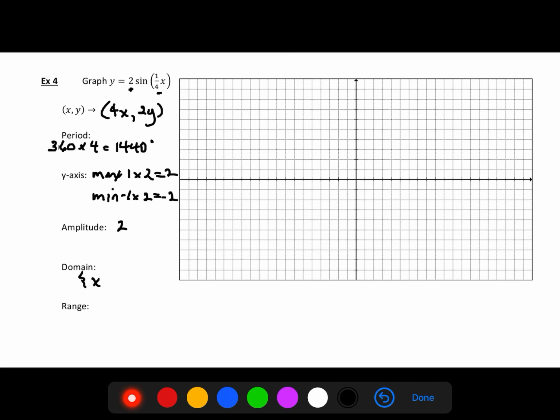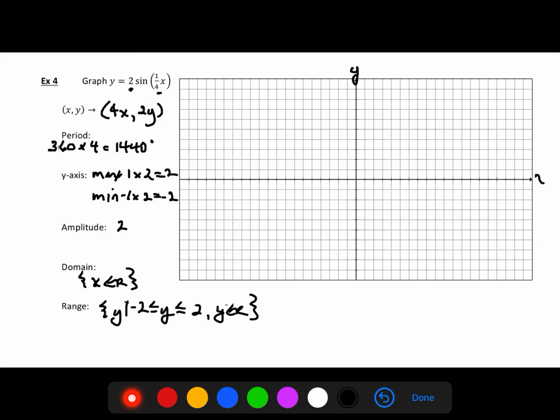Our domain, again, x can be any real number. Range: y has to be greater than or equal to -2, but smaller than or equal to 2. We're going to keep that in mind when we're labeling our graph.